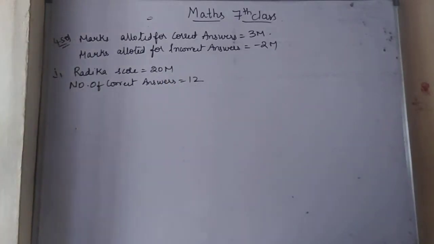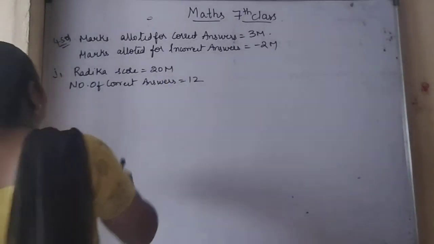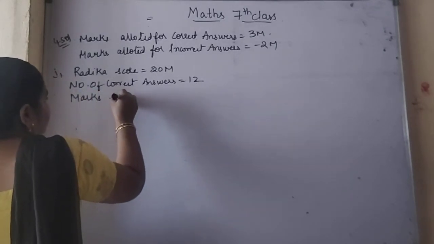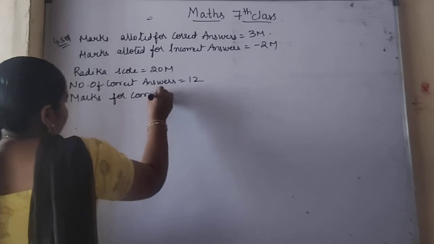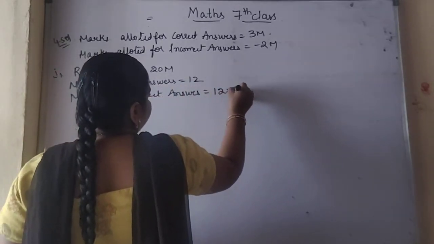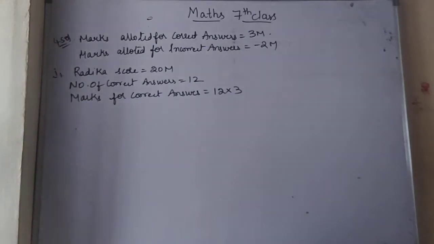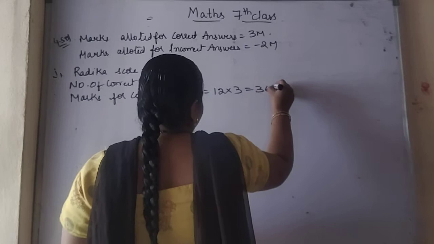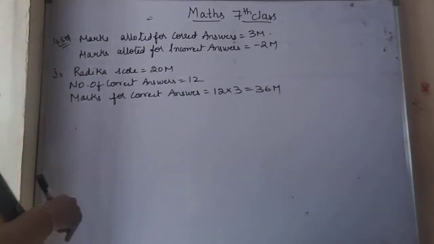For every correct answer they are giving 3 marks. So marks for correct answers is equal to 12 into 3. So 12 3s is 36 marks. So for correct answers they have got 36 marks.